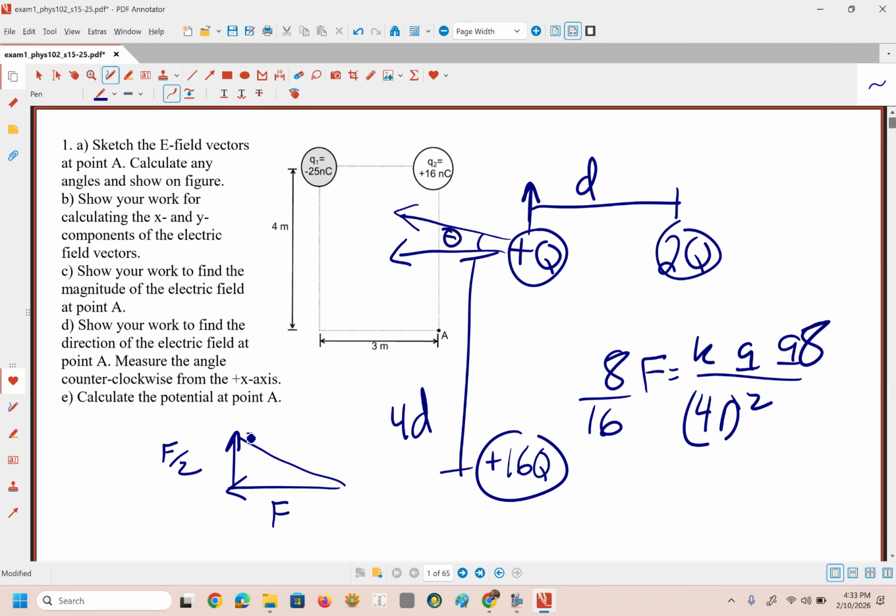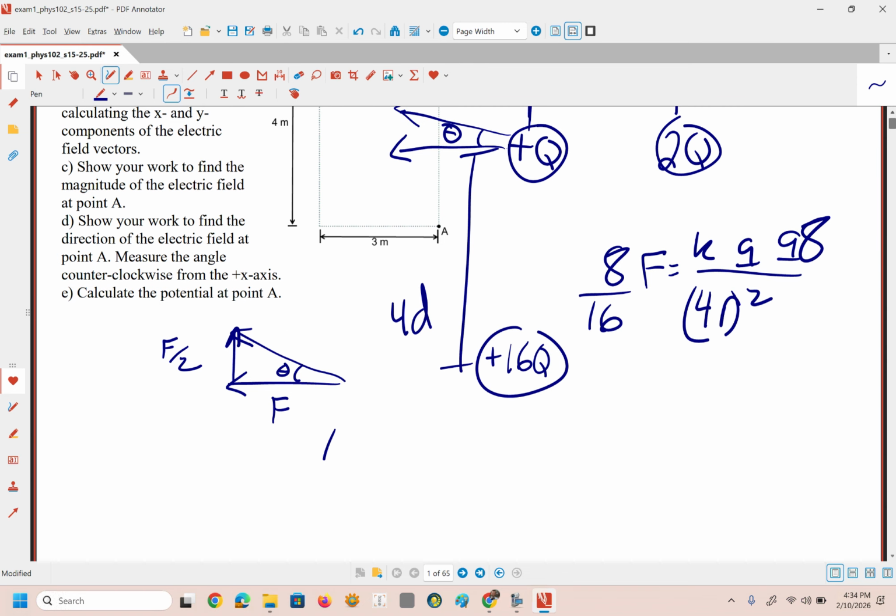And then I want to know what is this angle right here. I can still do my inverse tan, where I would just say the inverse tan of opposite, that's F over 2, divided by F. The F's cancel, fortunately, because I don't know them. And so that's the inverse tan of 1/2. That will be the second problem.